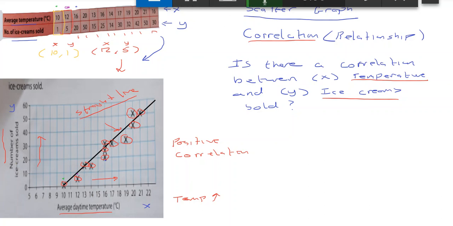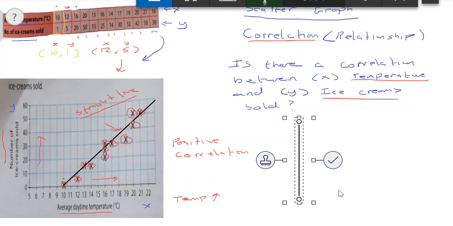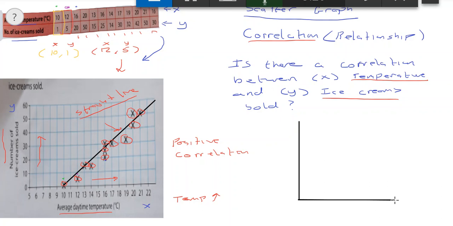Let me introduce these, and we'll look at them in a little more detail as we go along. So imagine we have a graph like this. I'm just going to draw two axes. Imagine this is just a general graph. Remember this is your x-axis and this is your y-axis.